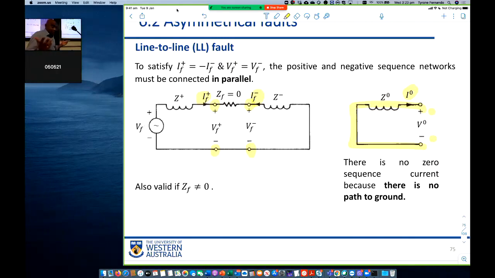But since the zero sequence current is zero, it cannot be connected anywhere. It's like that. So now you know how to analyze a three-phase to ground fault, which is a symmetrical fault. You know how to analyze a line to ground fault, because you connect the three circuits in series, right? And here now you know how to analyze a double line to line fault, because this is how you connect the three circuits.